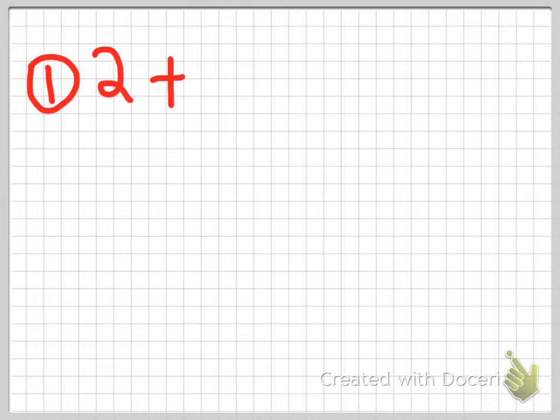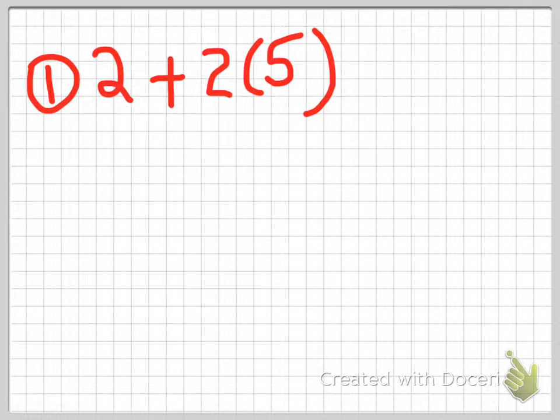Now let's combine the process of adding or subtracting and then dividing. Look at problem number 1. I've got the constant 2 plus the coefficient 2 times 5 in parentheses, so I've got 2 times the number 5 in parentheses equal to 12.